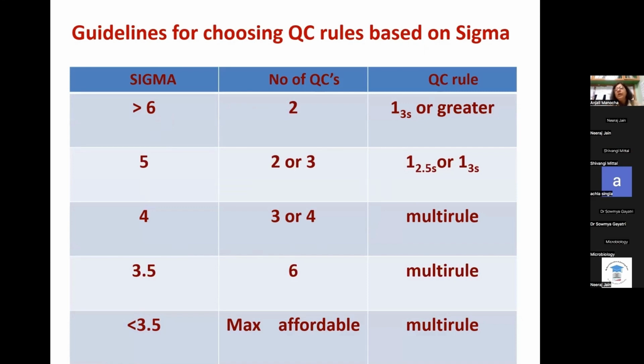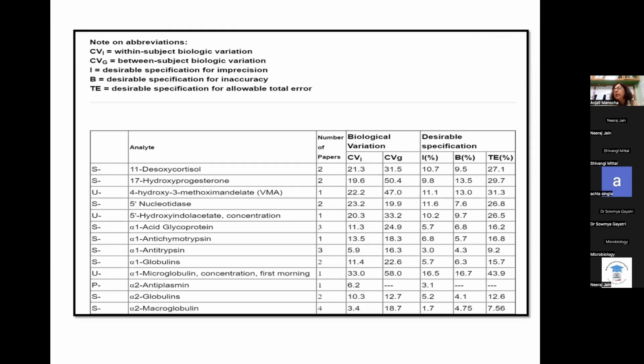And a total allowable error we normally take from CLIA guidelines or the Ricos-Carmen guidelines, which would be for minimum, desirable or optimum, and each lab decides whether they would like to start with the minimum and slowly move to desirable and then to optimum. And these are the values which it gives for imprecision, for bias and the total allowable error.